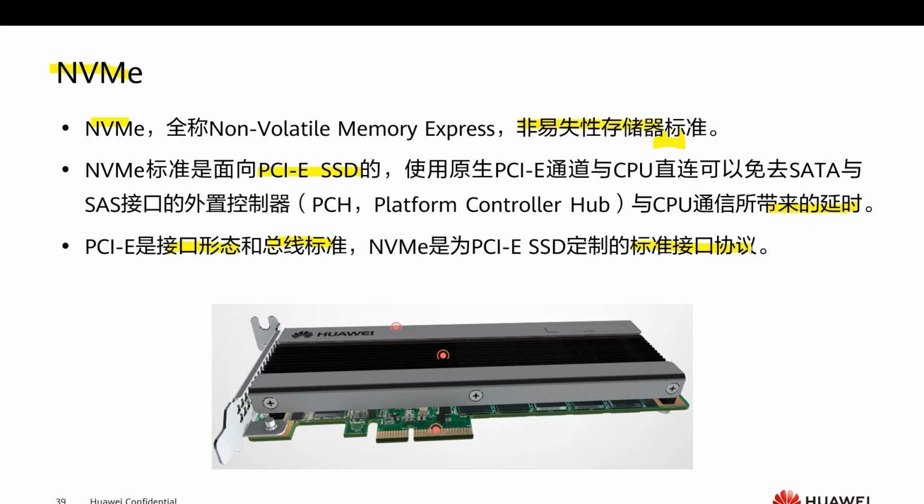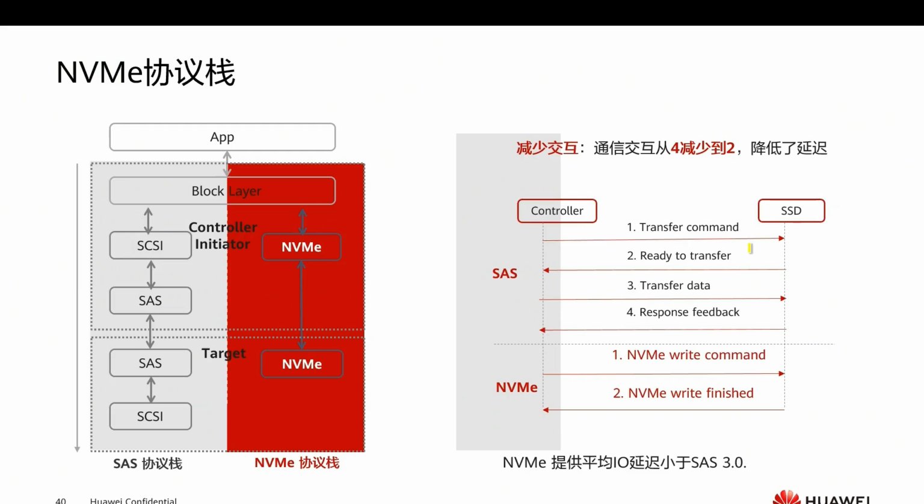So through this interaction process, it can be seen that the communication interaction of NVMe has been reduced from 4 times to 2 times. Therefore, it will reduce communication latency and improve its transmission efficiency.